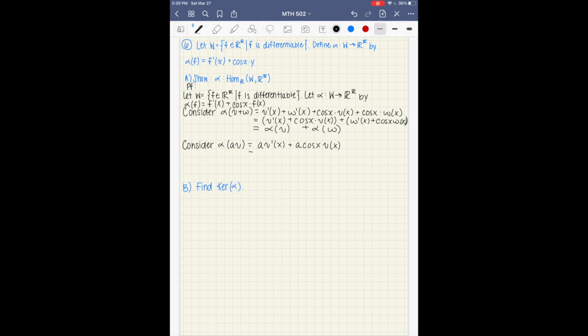We can factor out an a, so we get a times parentheses v prime of x plus cosine x v of x. But in our parentheses, that's just alpha of v, so we get a alpha v. That proves both addition and scalar multiplication. So now we can say that alpha is a homomorphism.